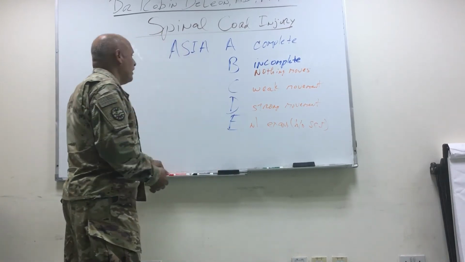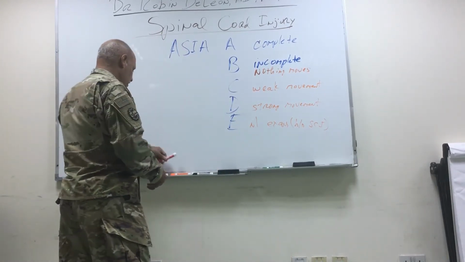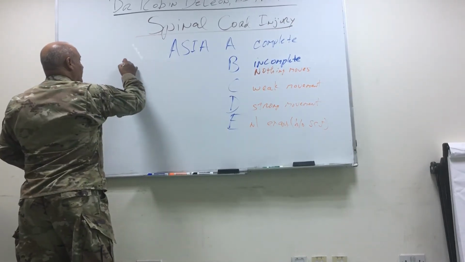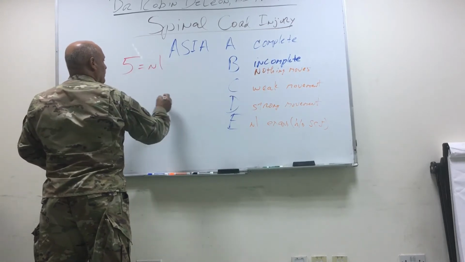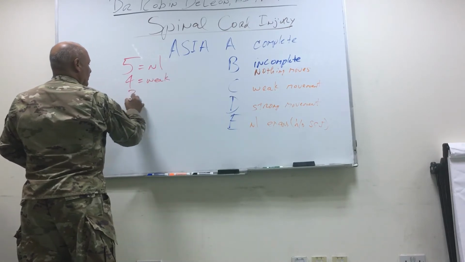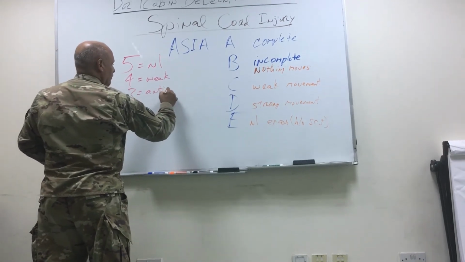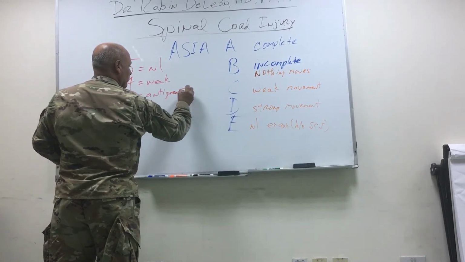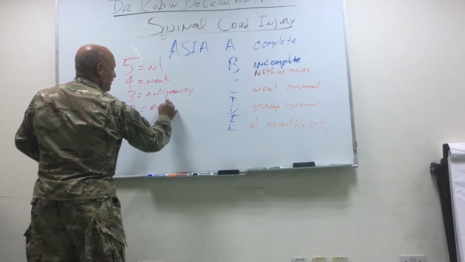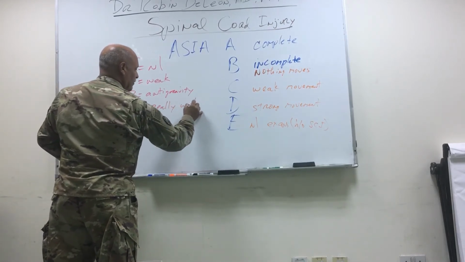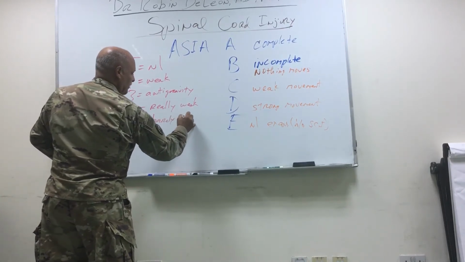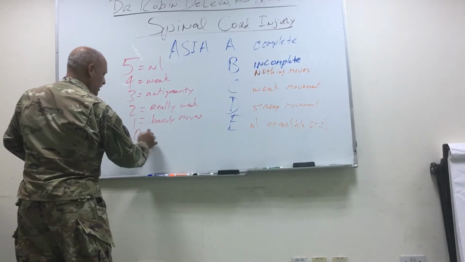So I'm going to grade them by, let's go with, 5 is normal. 4 is weak. 3 is anti-gravity. 2 is really weak. 1 is barely moves, for lack of better terms, and 0 is paralyzed.